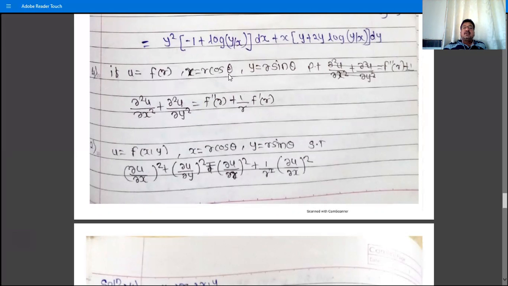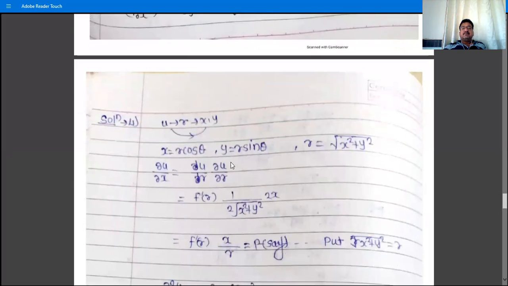If we square and add this, x square plus y square is r square cos square theta plus r square sin square theta, that is r square, and therefore r is root x square plus y square.